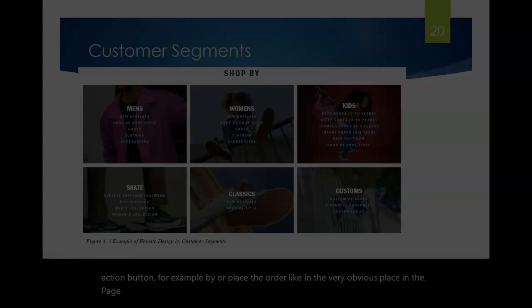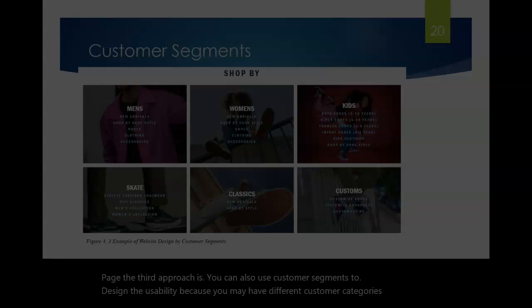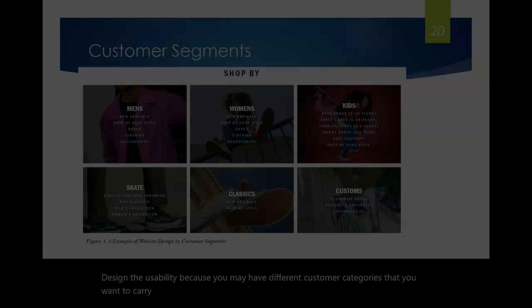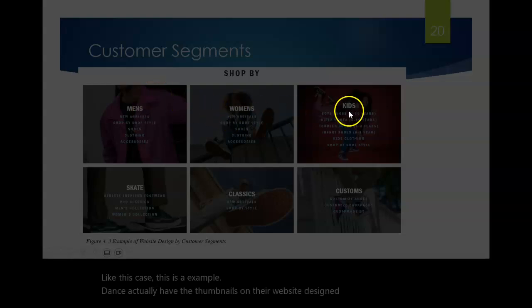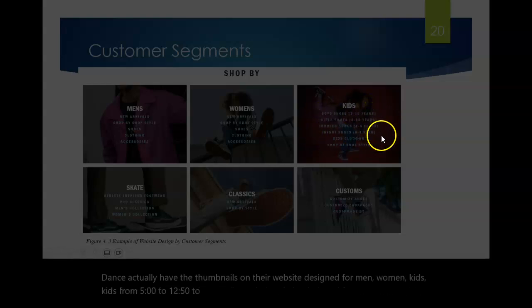The third approach is you can also use customer segments to design the usability, because you may have different customer categories that you want to carry out on your website. And so like this case, this is an example. Vans actually have the thumbnails on their website designed for men, women, kids from 5 to 10, 1 to 4, or even infant shoes.